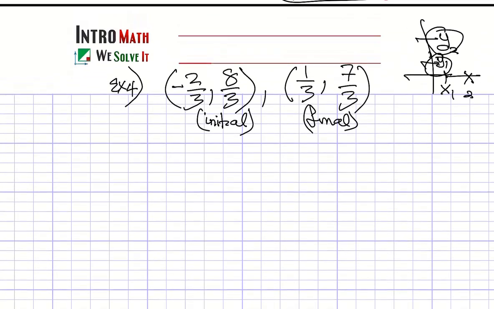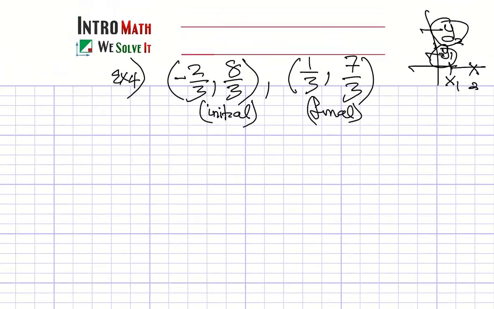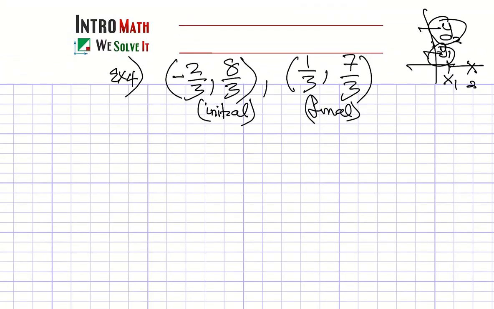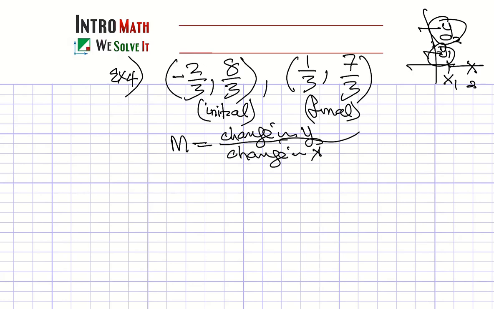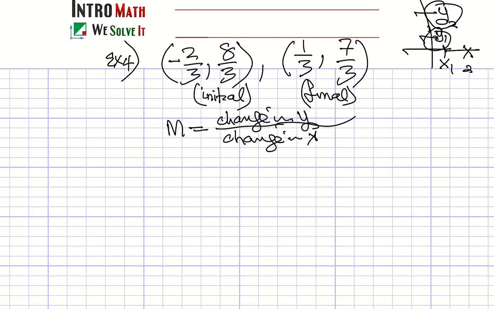So to find the slope, we know that slope is equal to change in y over change in x. We already labeled this final, this is initial.